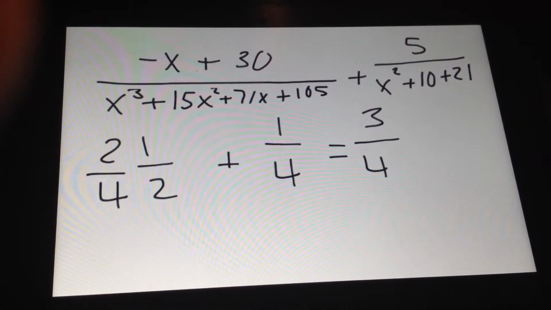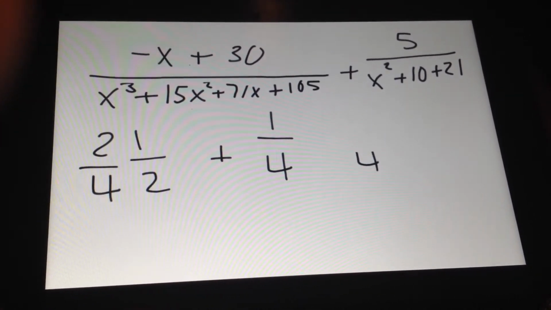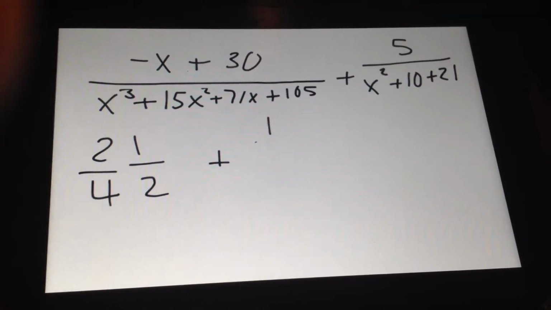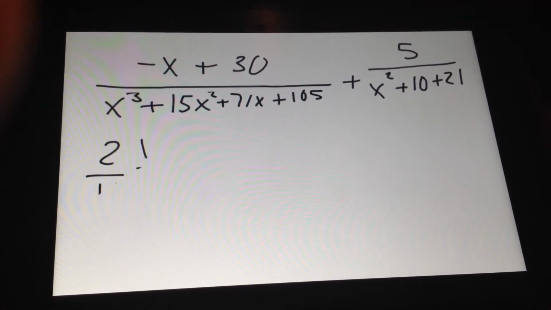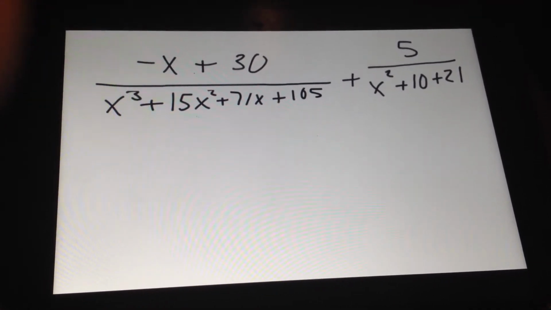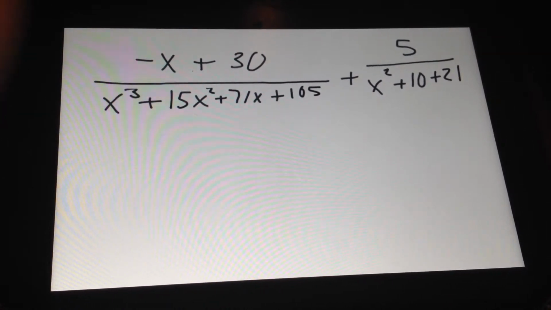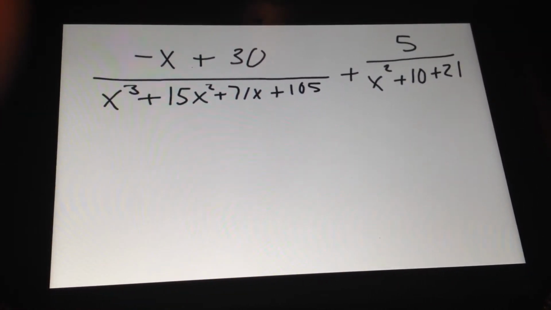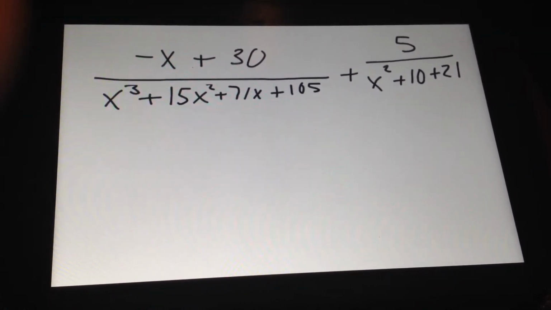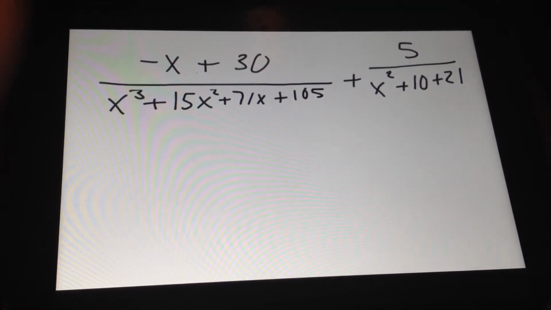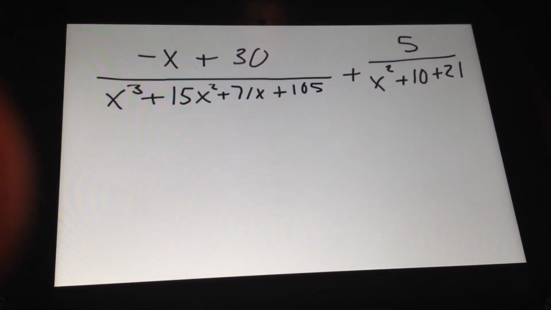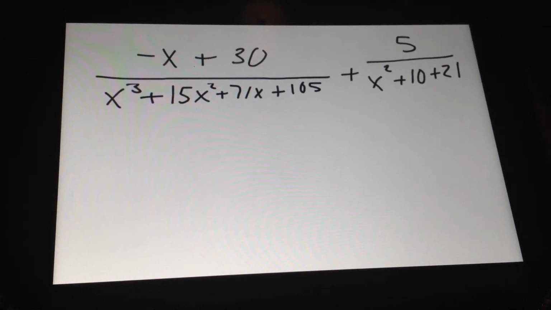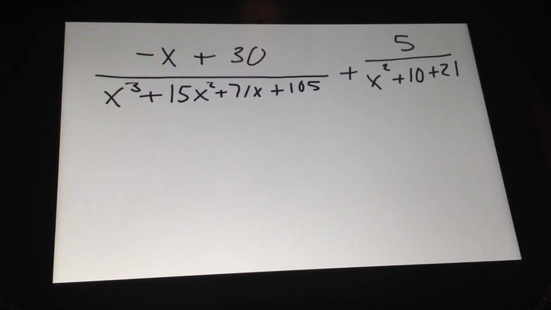So that's what we're about to do here, except a little bit more complicated when you're doing it with variables and stuff. But you can't just look at it and know what the greatest common factor is, so you have to first factor out both the bottom equations. See, I taught you all this factoring in the beginning because you need to use it in almost everything you do. If you can't factor, you can't do these problems.